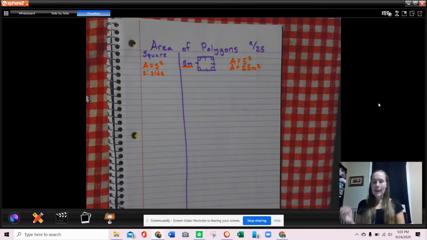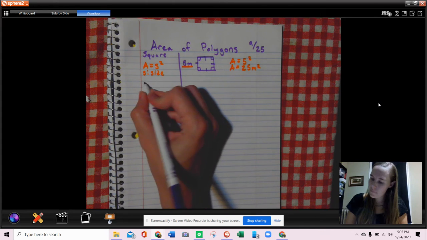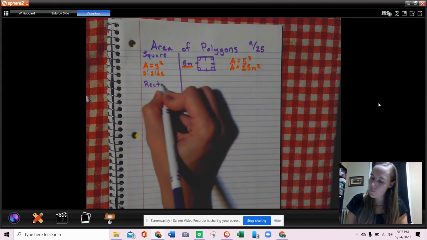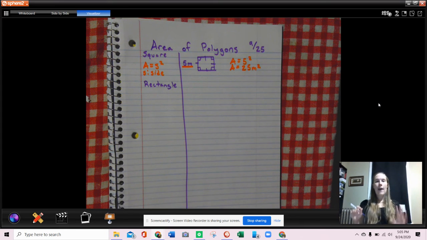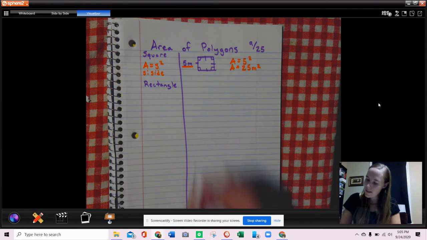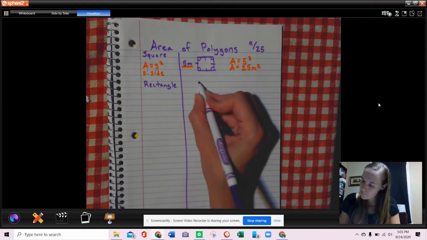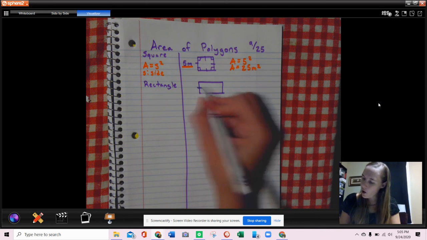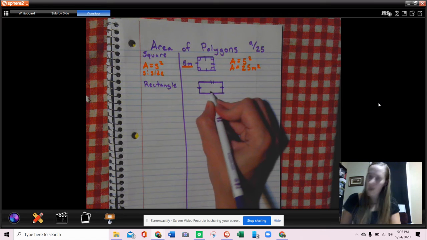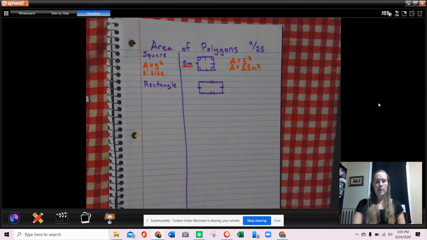So our next polygon is a rectangle. And I do apologize if I'm going a little fast. You can always pause yourself and catch up if need be. So a rectangle looks something like this, where opposite sides are equal to each other.